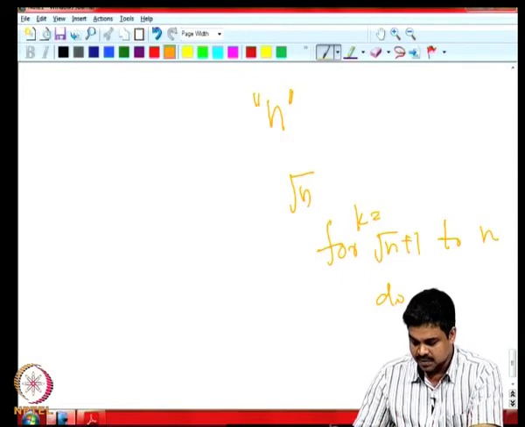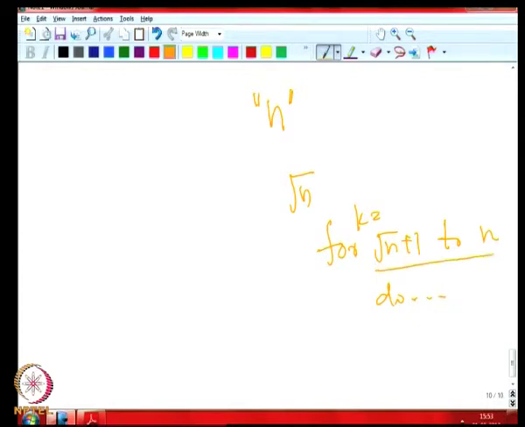But then you have to do it n minus root n times, right. And if n is for instance a very big number like 10 million, this can be very large.